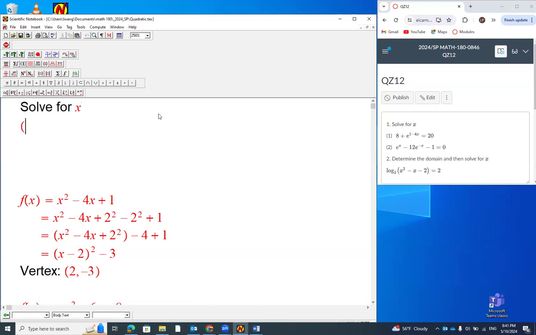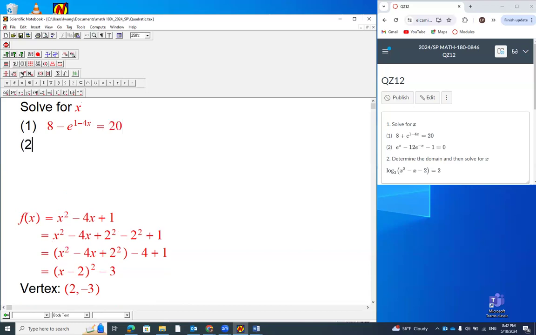Number one is 8 minus e raised to the power of 1 minus 4x equals 20.